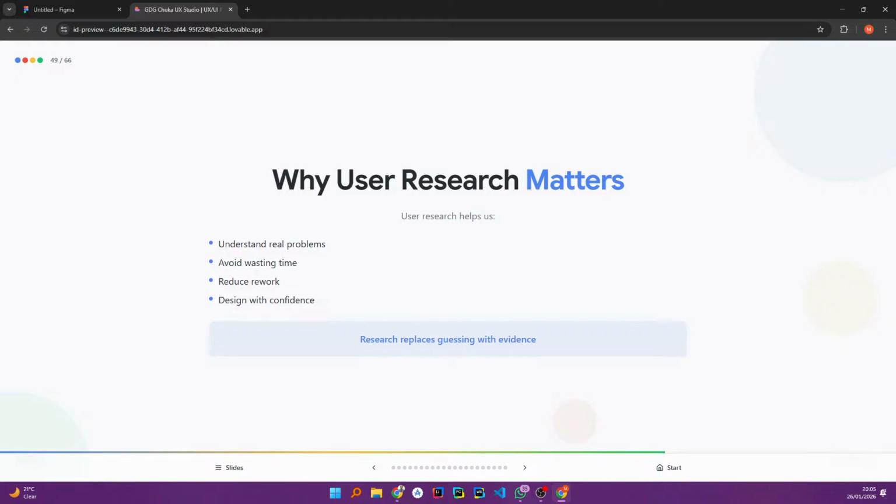Then user research also matters because it usually avoids wasting time.